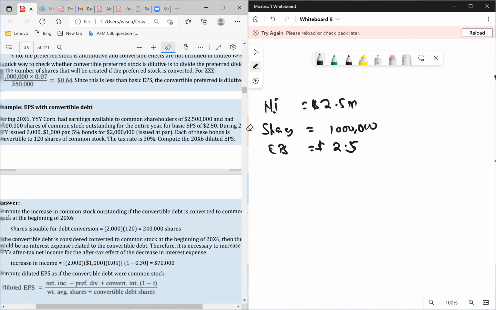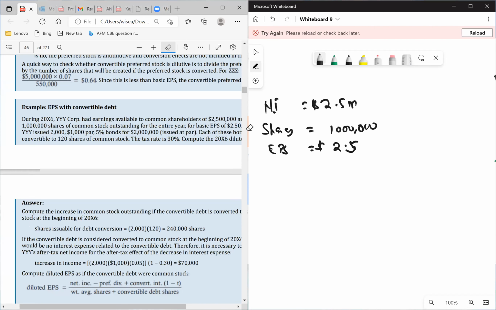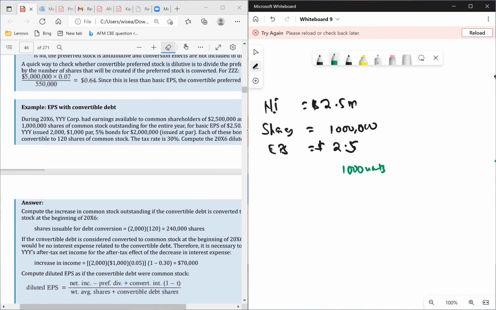During 20x5, it issued 2,000 units of 1,000 par value bonds at $2 million. Each of these bonds is convertible into 120 shares. If they were all converted, each of them will be converted into 120 stocks.